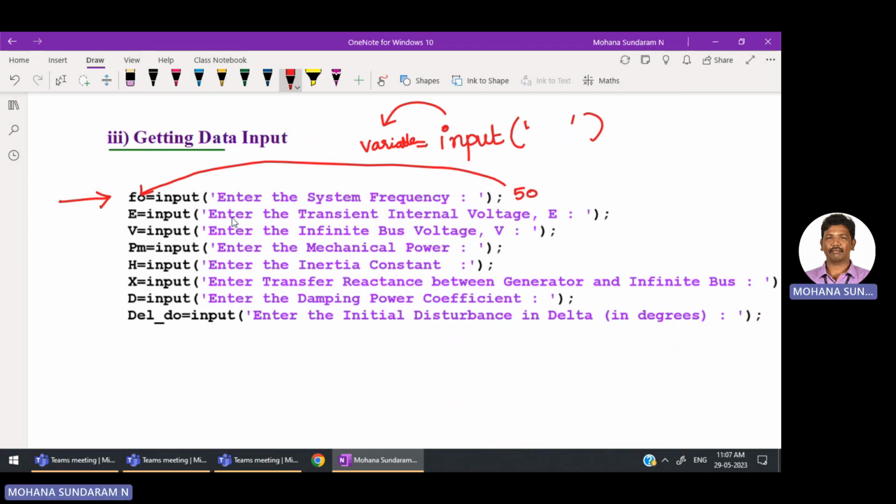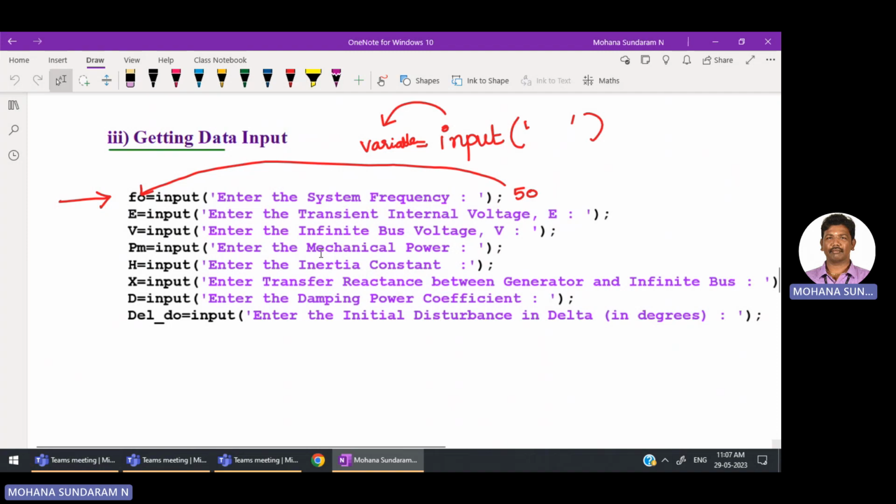Similarly, it will ask the next line, enter the transient internal voltage E. When you give this value, that will be stored in the corresponding variable E. So if you want to get any input from the user, you have to use the command called input. And whatever value you get from the user has to be stored into a variable. So the general command will be variable equal to input of, and the prompt should be inside your single quotes.